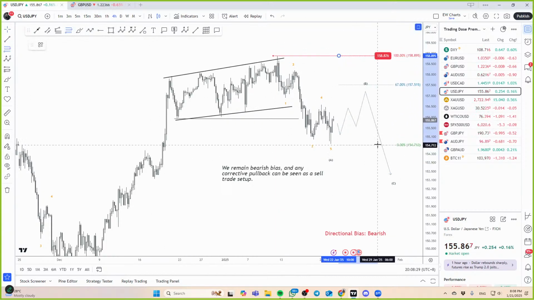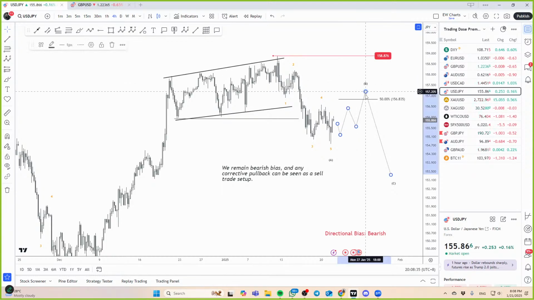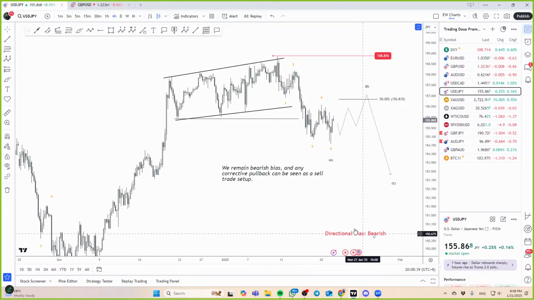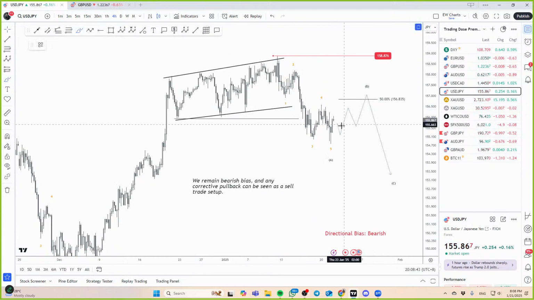Fib wise, oftentimes for the pullback here, we can simply expect a minimum 50% mark, okay? Halfway point, okay? So I'm still definitely bearish on this, right? If you can get a corrective pullback, again, depending on your individual setup as well, right? If you want to go down to the lower time frame, you can look for a setup within the key zone.